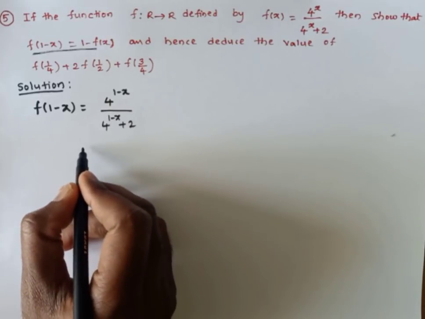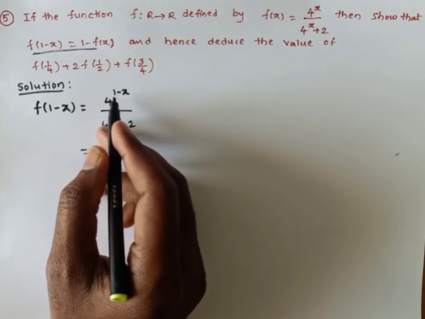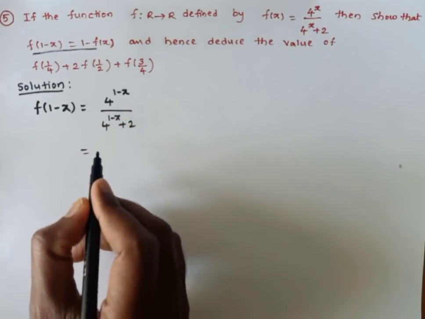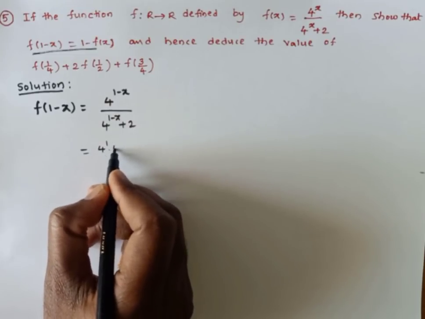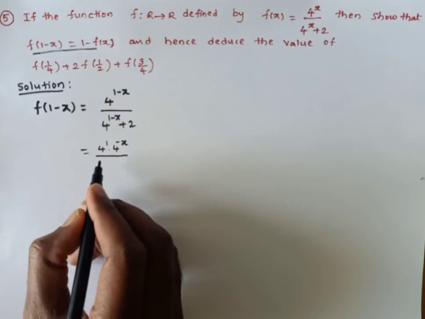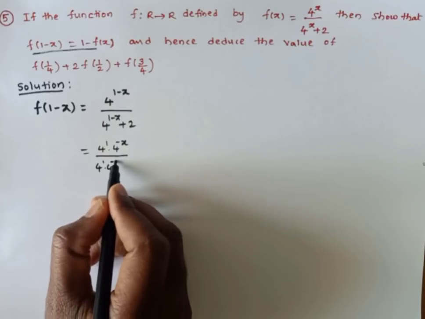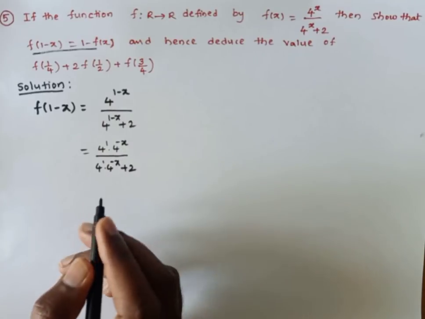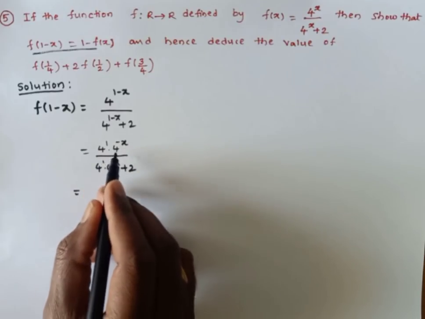Now, from the theory of indices, it is of the form a to the power of x minus y, so we can express it as a to the power of x into a to the power of minus y. So it is 4 to the power of 1 into 4 to the power of minus x divided by 4 to the power of 1 into 4 to the power of minus x plus 2. Now this is 4 into 4 to the power of minus x.